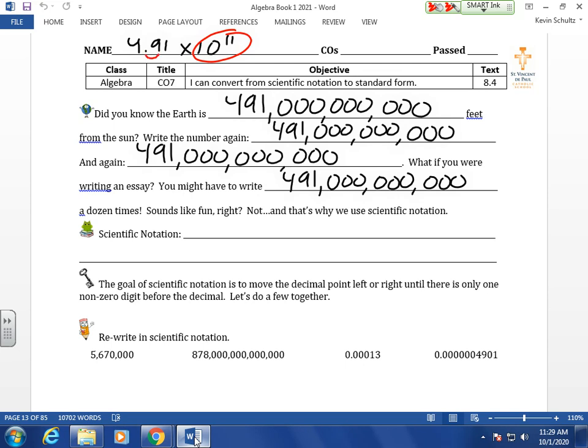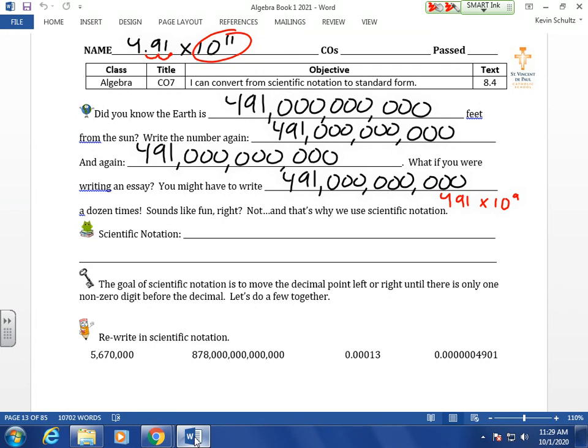Two spots to get to the other side of the 1 here, and then 9 more to account for all those zeros. Now, the first suggestion for this in scientific notation was 491 times 10 to the 9th. Scientific notation does more than just get rid of all the zeros.